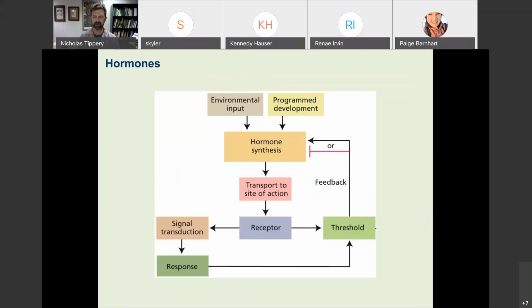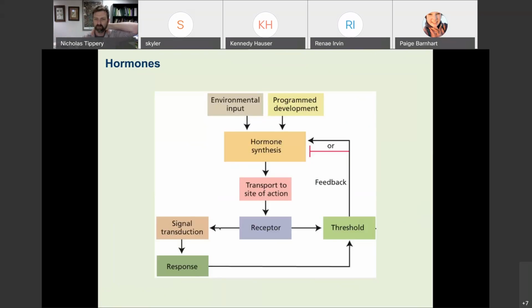back to here. Diagram from, I think, the plant physiology book. Probably a little more complicated than it needs to be, but basically there's some sort of response, and the presence of the hormone molecule causes the response to happen on a sort of molecular basis.